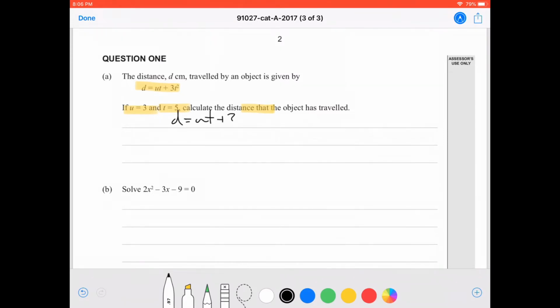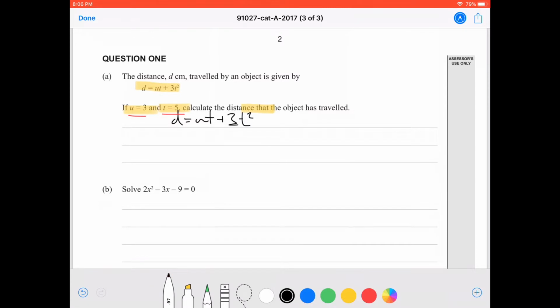We've got this equation, d equals ut plus 3t squared, and we've been given u equals 3, t equals 5, so wherever we see u and t in our equation, we're going to be substituting 3 and 5 in.